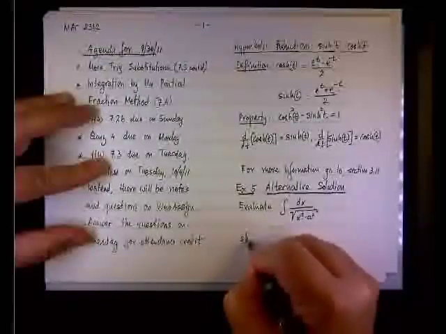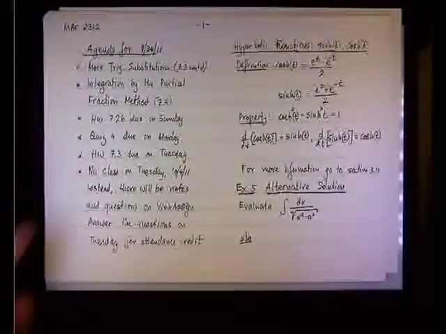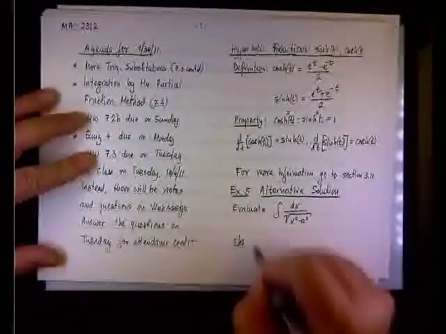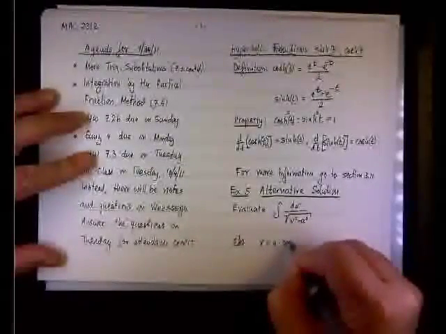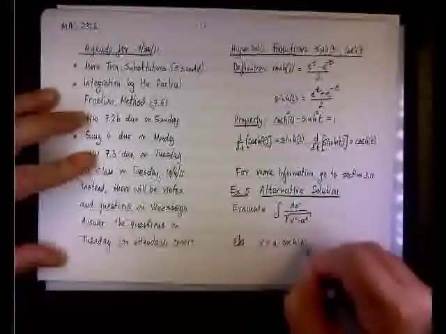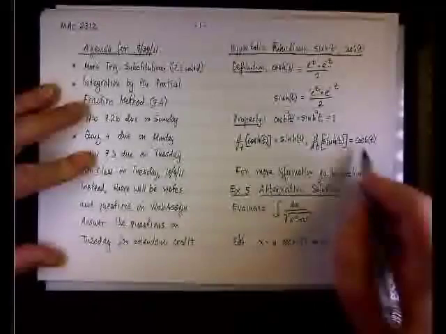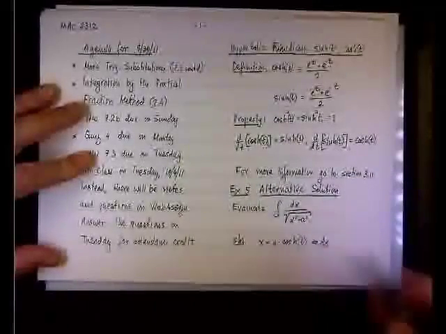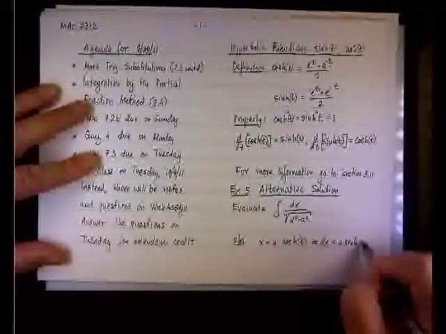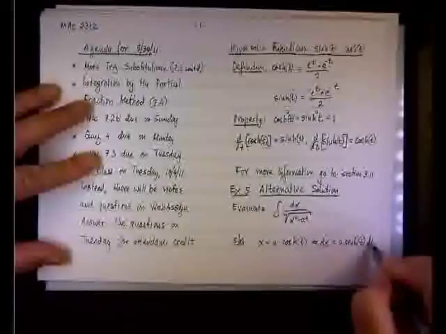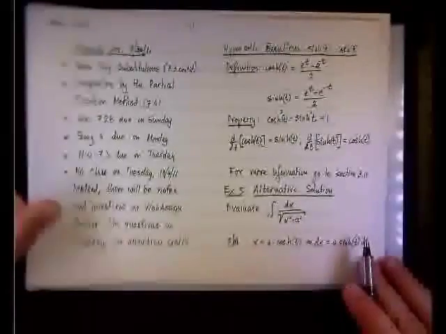So the solution, this time I'll use the hyperbolic cosine, and I'll let x equal a times hyperbolic cosine of t, and therefore dx, by the property over here, will be a times the hyperbolic sine of t dt.